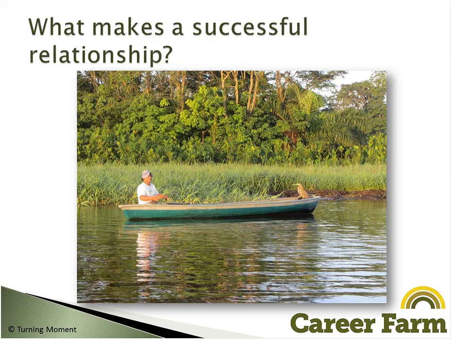What I'd like you to do via the Q&A panel is have a think about what makes a successful relationship, and then just put some ideas on the Q&A panel about what you actually think makes a relationship work. So I'll just give you a few seconds to think about that.